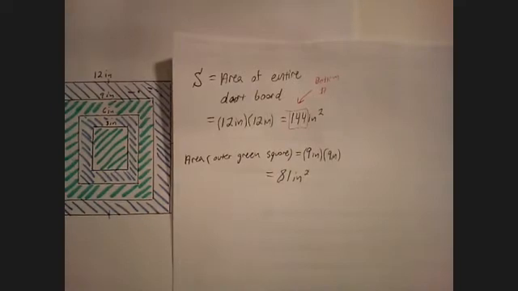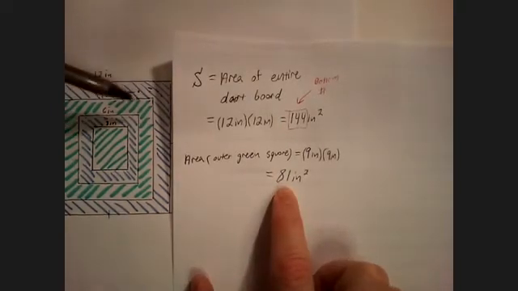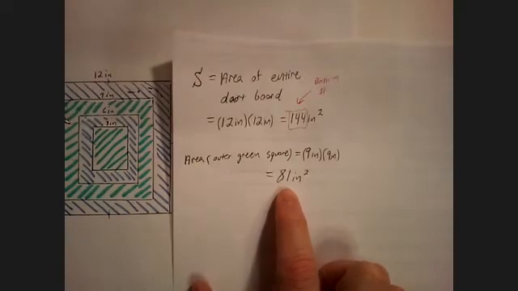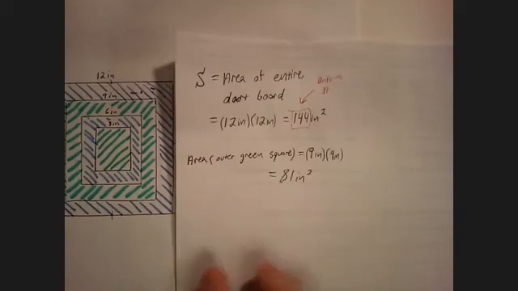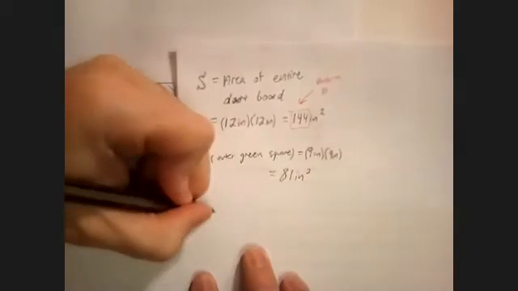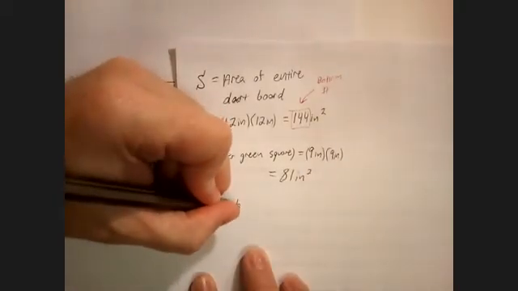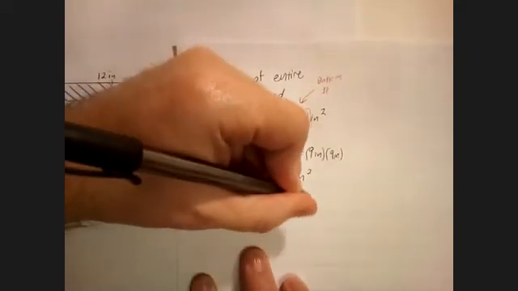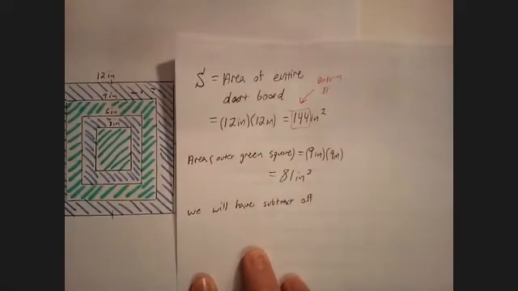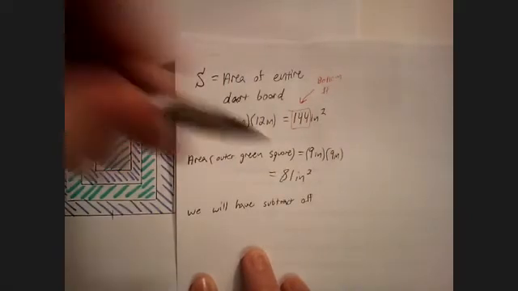Okay, so I just found the area of this green square. The problem is now we have all this stuff here, that blue square. So I've got to get rid of that. Then you probably notice that's going to get rid of that as well. So we'll do it at the end, but we will have to subtract off the inner blue square.